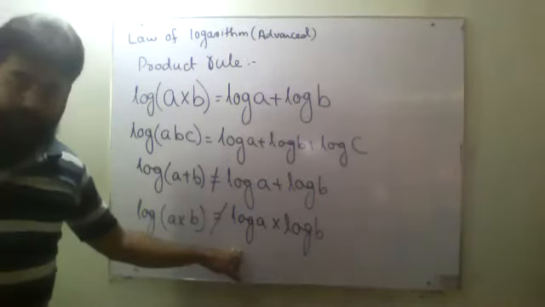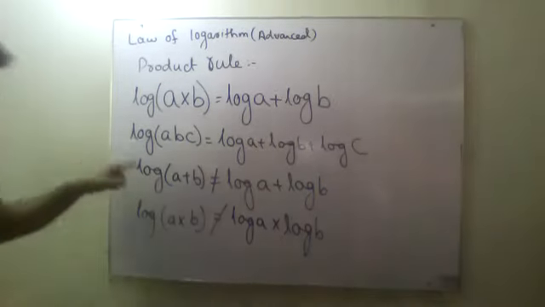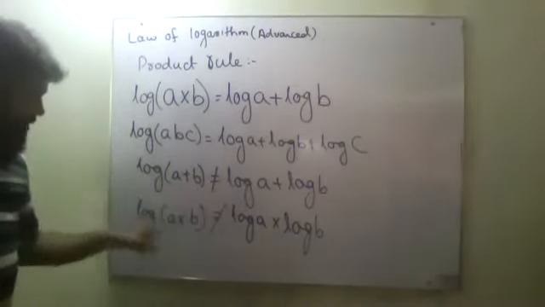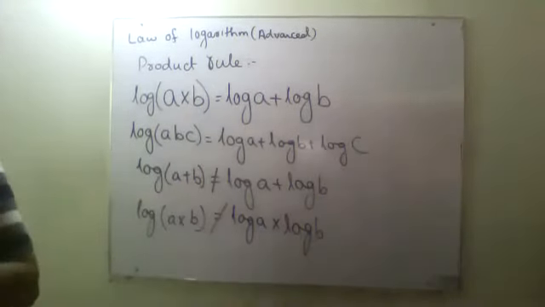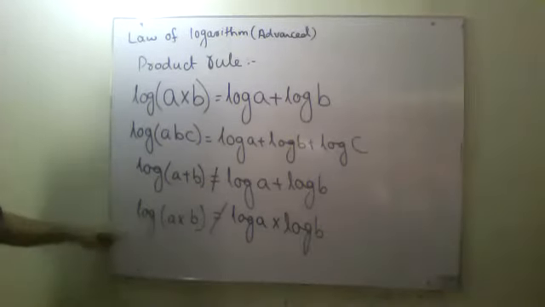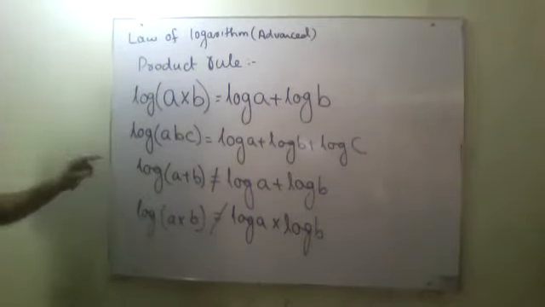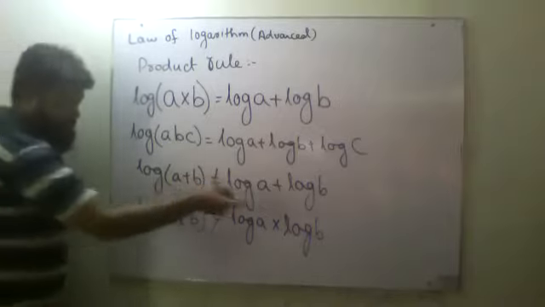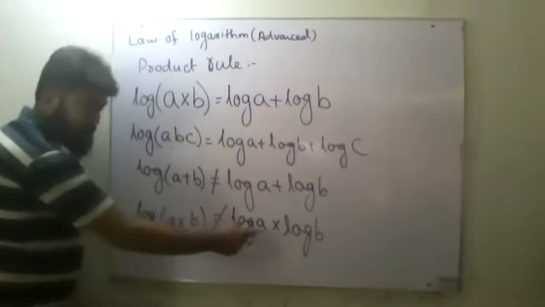You will not do any conversion. You will just solve it directly. If this is written, this is not equal to this. Okay? Be very, very careful about it, because these are the things which people do. This thing is not equal to this.